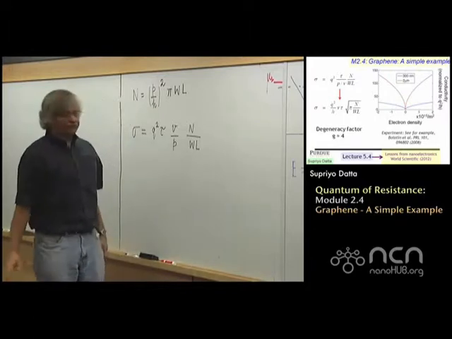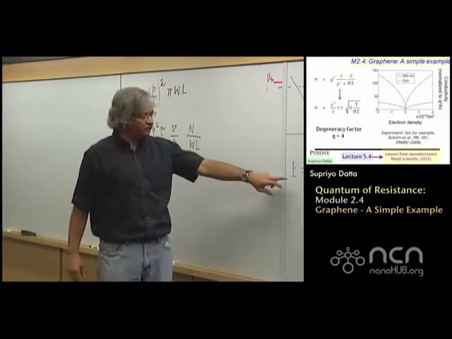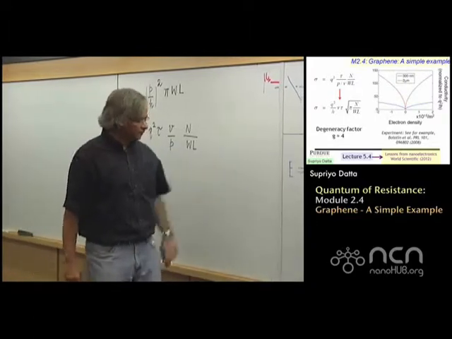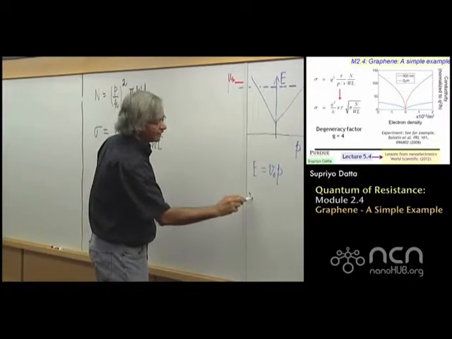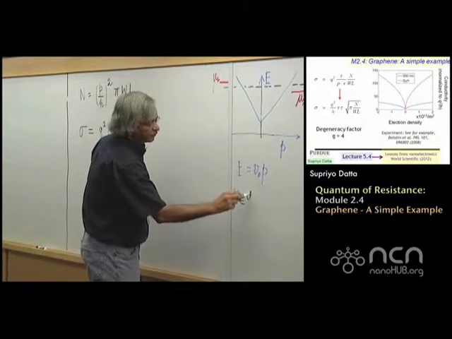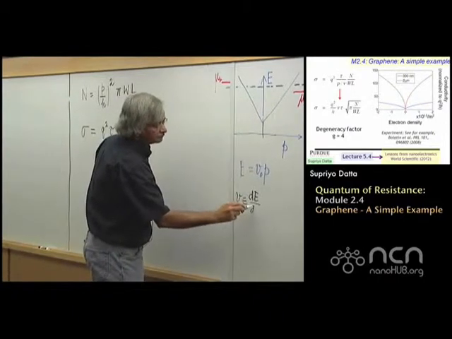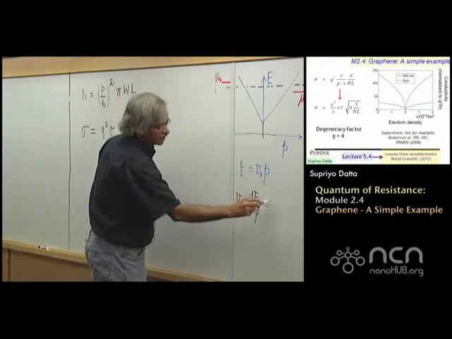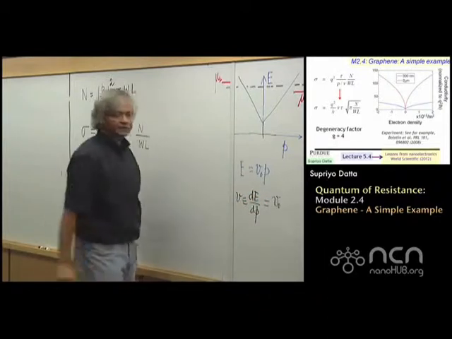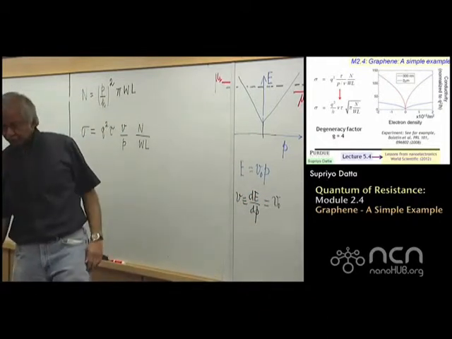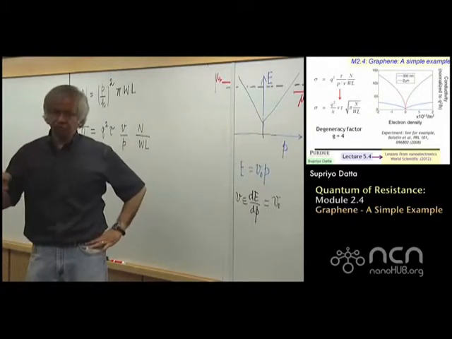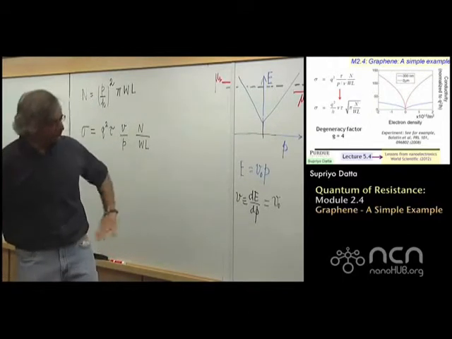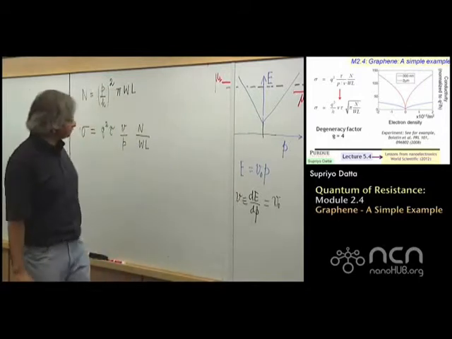Now, if the energy momentum relation looks like this, then you can see that the velocity, which is defined as the derivative of E with respect to momentum, is just a constant, V0. This is, of course, very different from the usual parabolic relation where velocity is proportional to momentum, P over m. But here it is a constant.